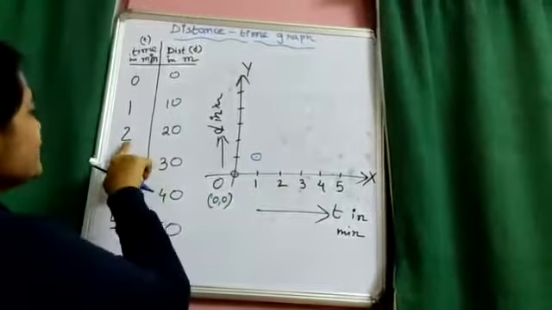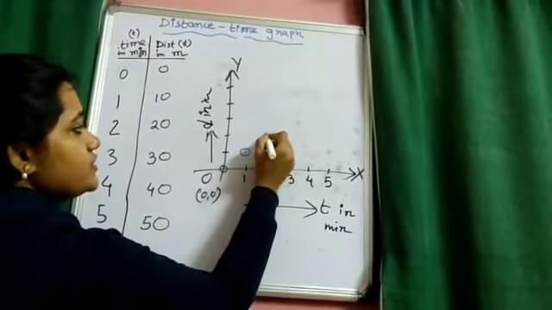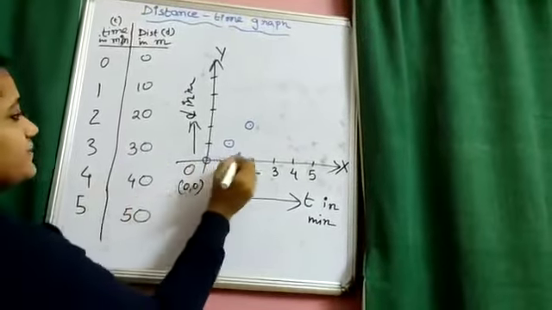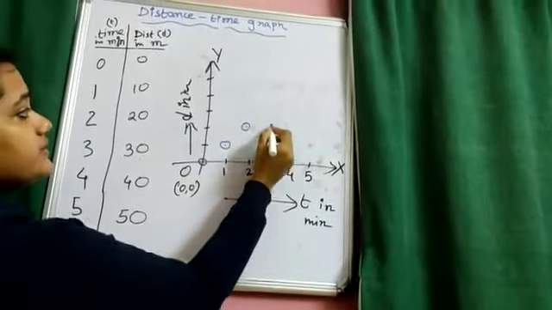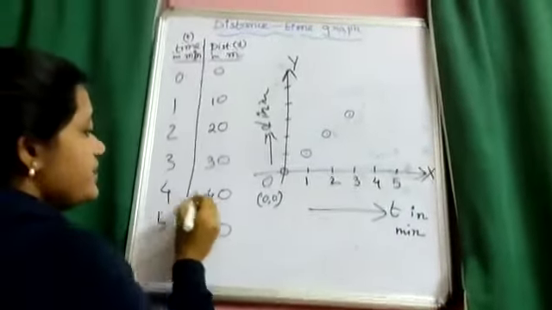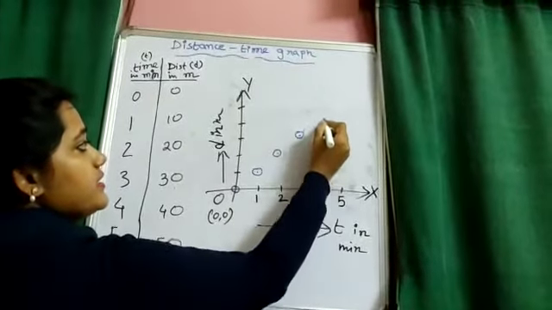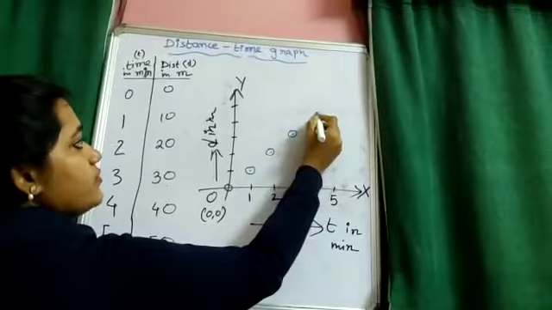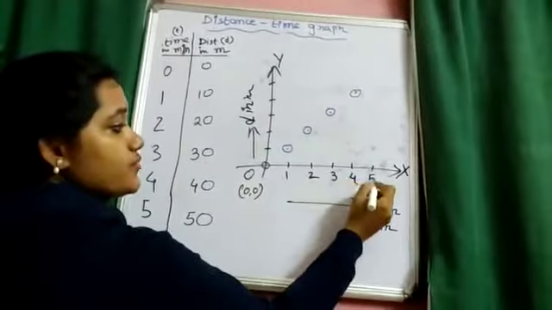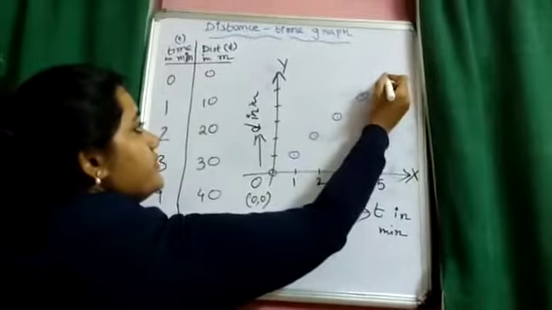Okay, 2 minutes, 20 meters. 3 minutes, 30 meters. 4 minutes you have covered 40 meters. 5 minutes, 50 meters.